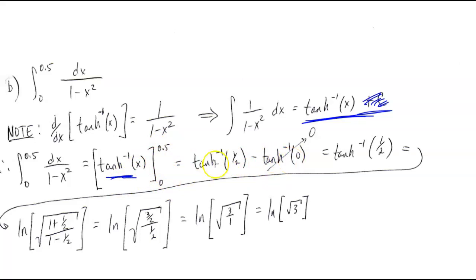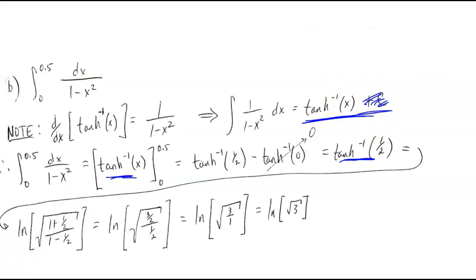And of course, here we know that since tangent hyperbolic of 0 is 0, the inverse of tangent hyperbolic evaluated at 0 will still be 0. Okay, and all we're left with is just the inverse of tangent hyperbolic of 1/2. And of course, we have an equivalent way to write that in terms of logarithms.